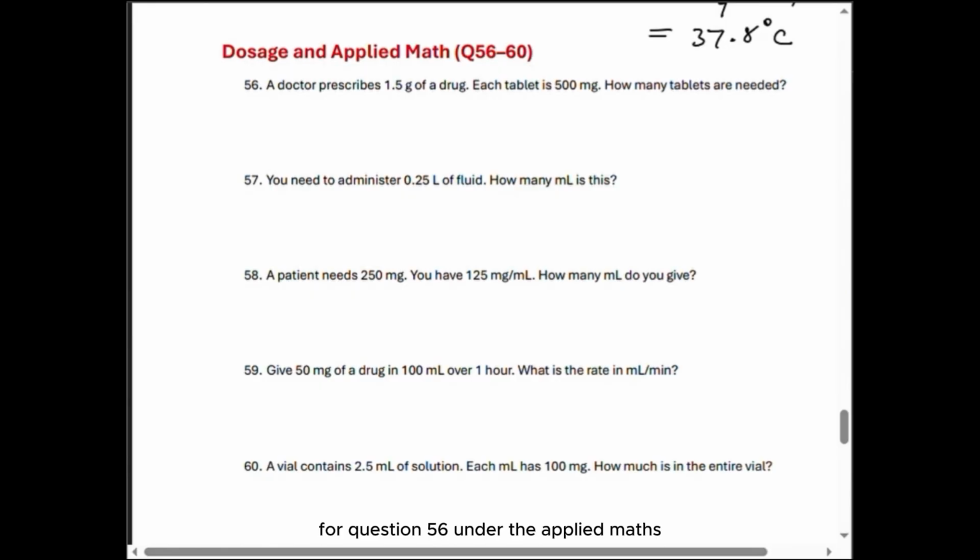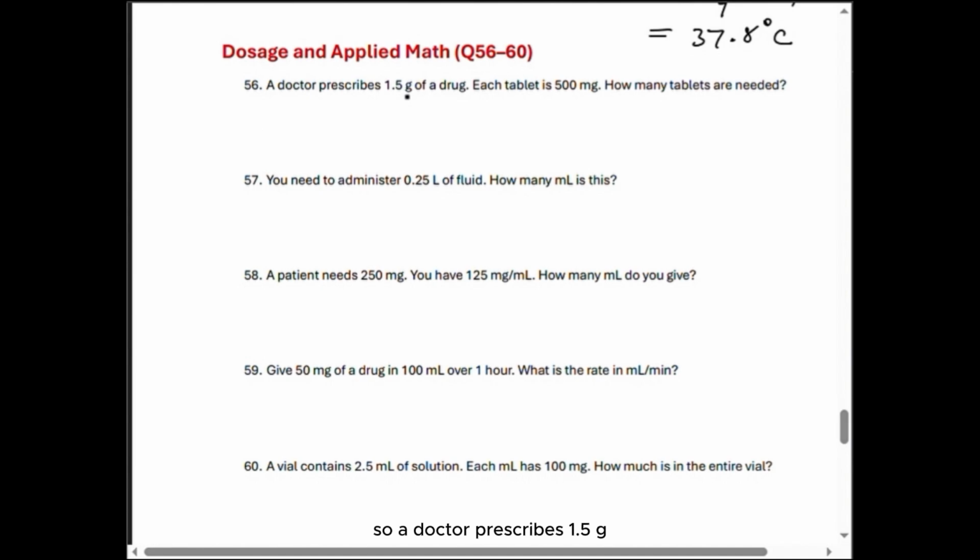For question 56, under applied maths, a doctor prescribes 1.5 grams of a drug. Each tablet is 500 milligrams. How many tablets are needed?